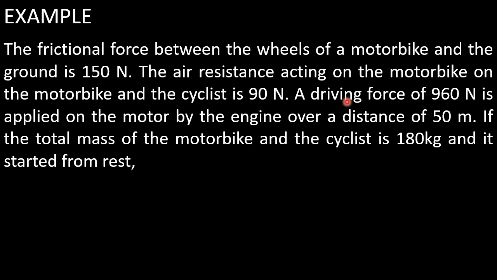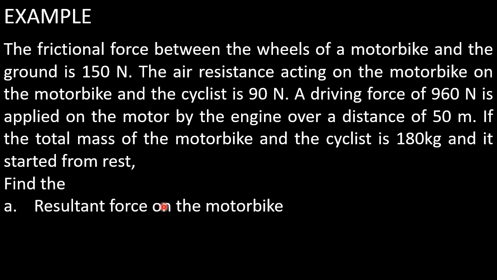A driving force of 960 newtons is applied on the motorbike by an engine over a distance of 50 meters. If the total mass of the motorbike and the cyclist is 180 kgs, and it starts from rest, find the resultant force on the motorbike.